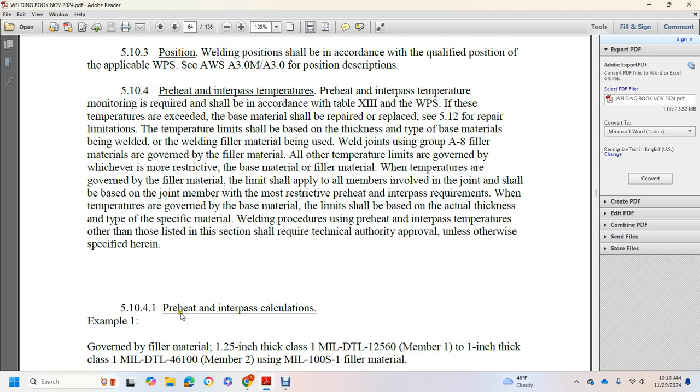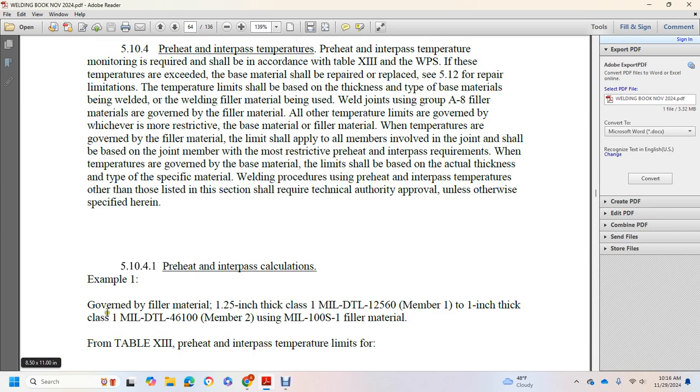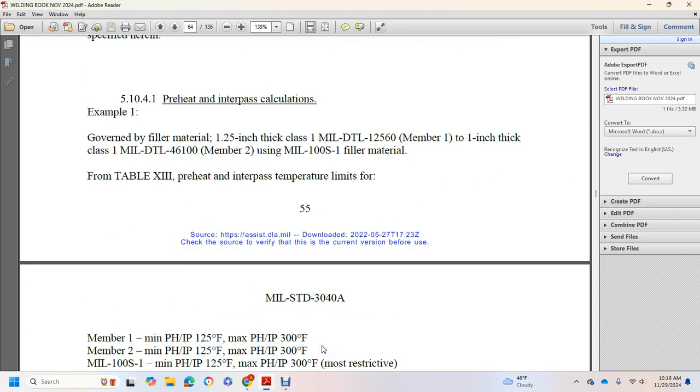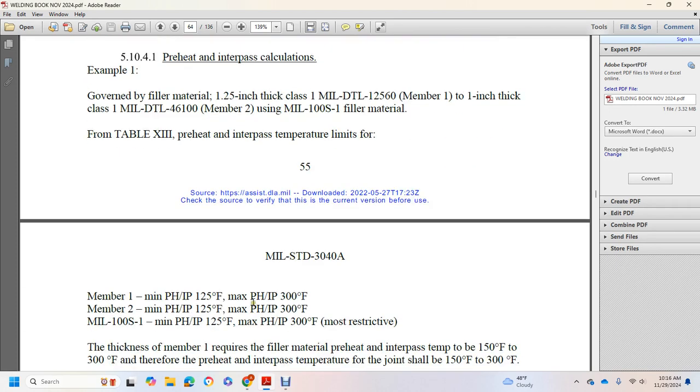Preheat and interpass calculations. Example 1, governed by the filler material: 1¼ inch thick MIL-DTL-12560 as Member 1 to 1 inch thick Class 1 MIL-DTL-46100 as Member 2, using MIL-100S-1 filler material. Table 13 preheat and interpass temperature limits for Member 1 are 125 degrees to 300 degrees maximum.